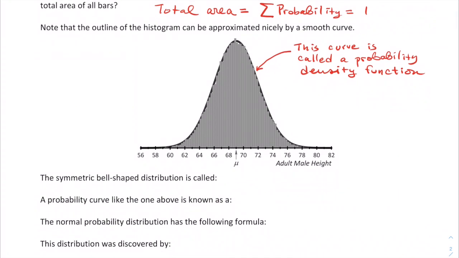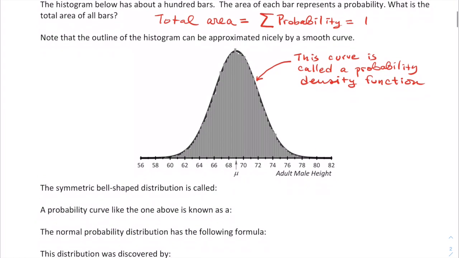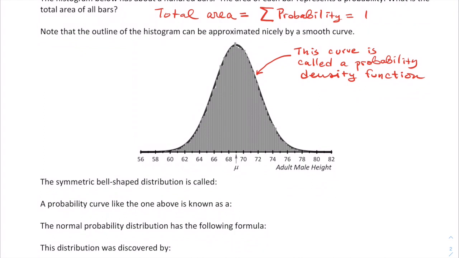The bell-shaped curve that you're looking at here is symmetric, and it's referred to as the normal distribution because it's one of the most common distributions of probability.